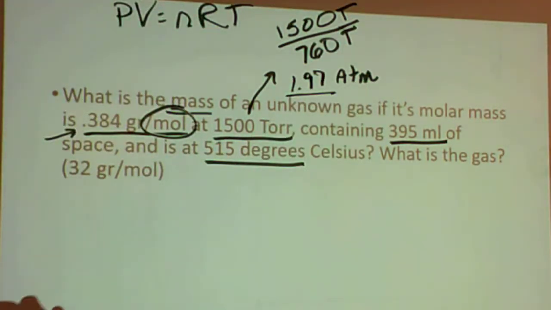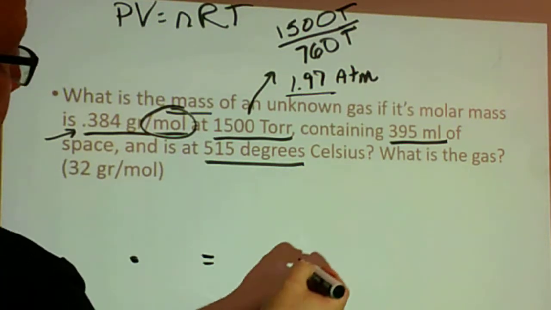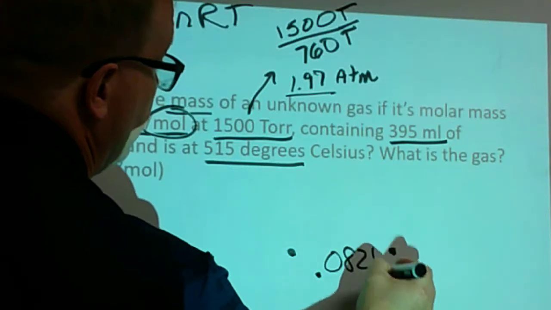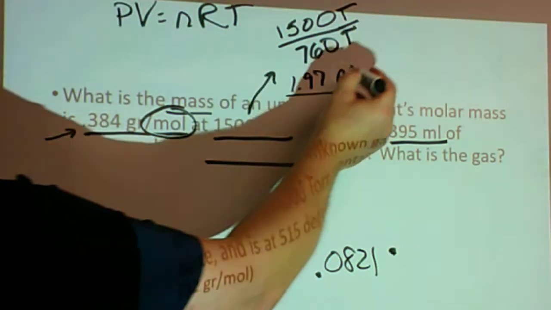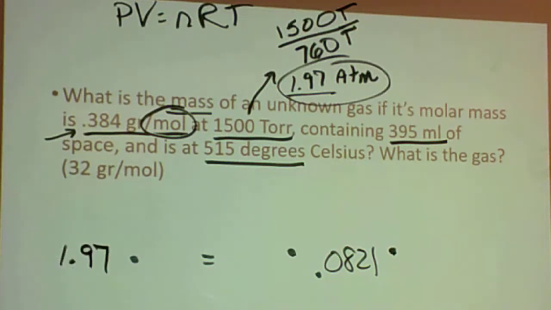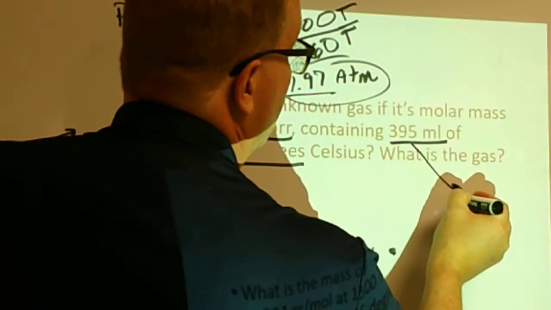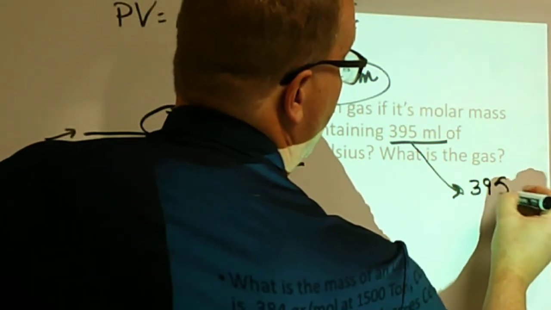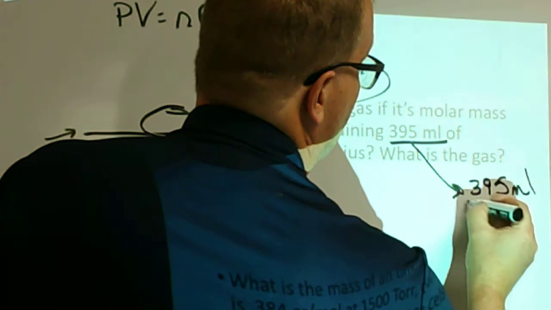We'll set up our formula down at the bottom. And this is going to be 0.0821 all the time with atmospheres. That will be my first standard number, which goes here for the pressure. Now we're going to go with my volume, which is my next given, and we're going to divide that by 1,000, because it can't be milliliters, it's got to be liters.